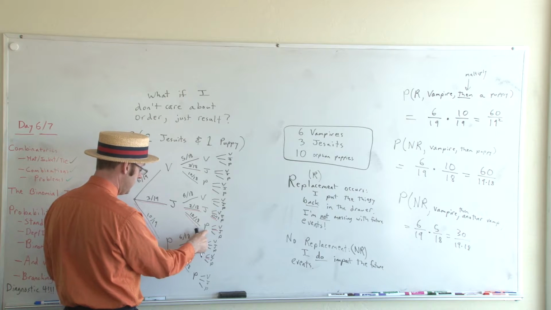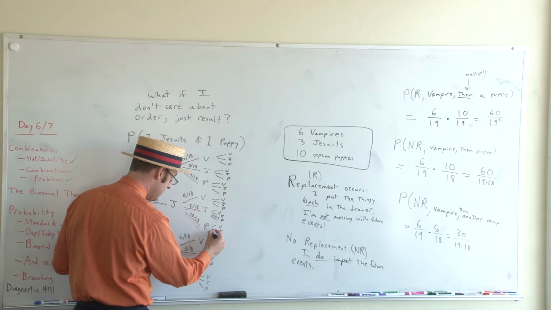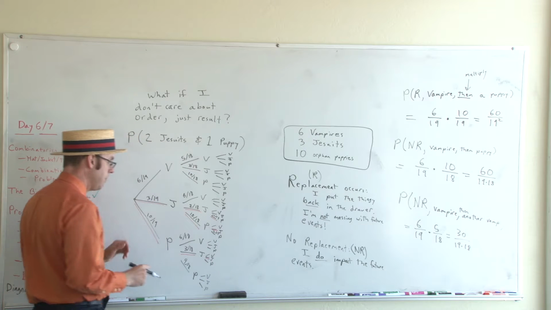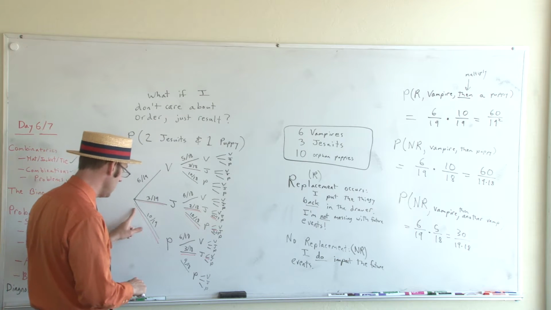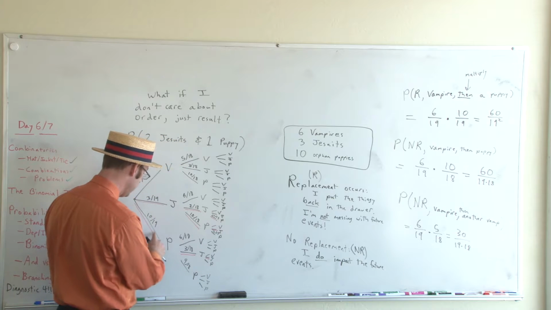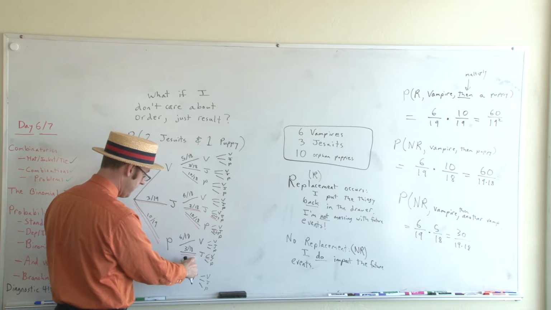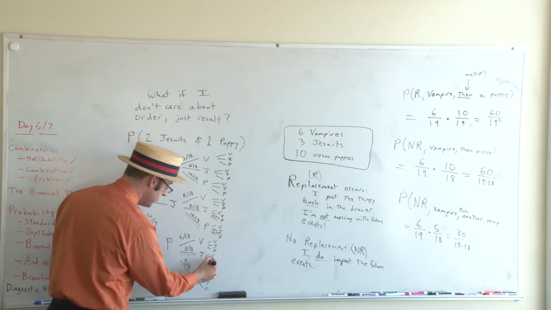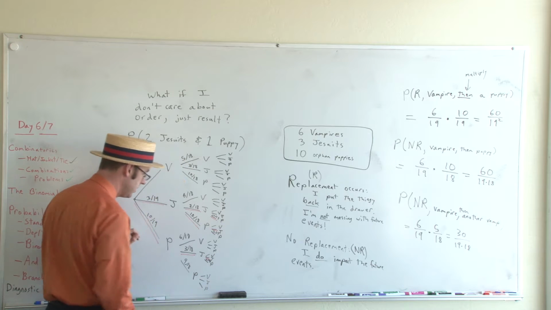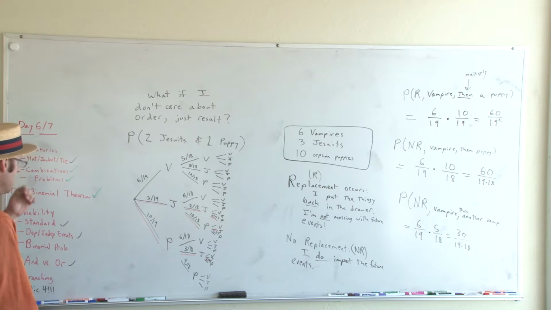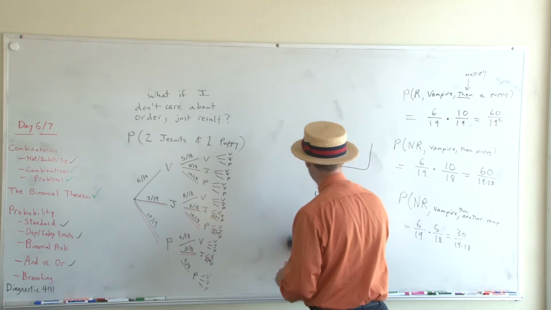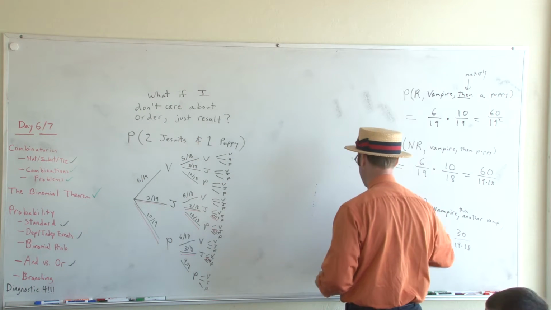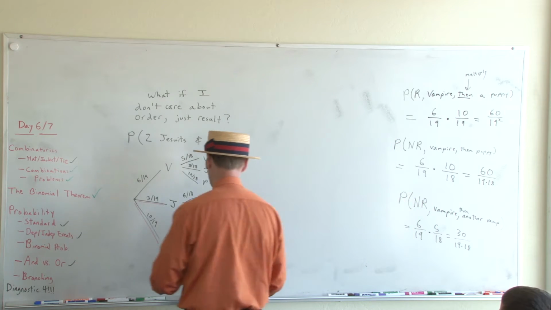If I go Jesuit, puppy, Jesuit, that branch is 2 out of 17. If I go puppy, Jesuit, I've already picked 1 Jesuit, so now I'm down to 2. So this is 2 out of 17.